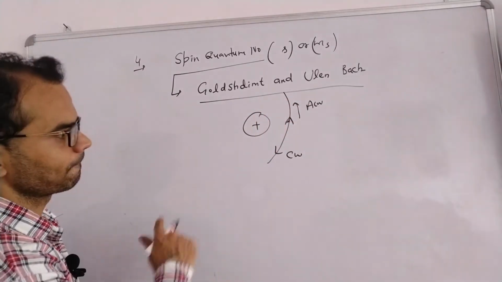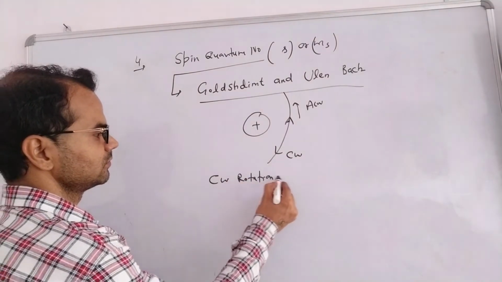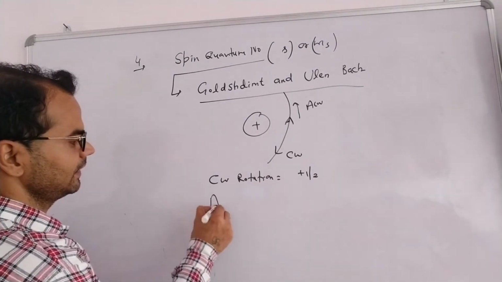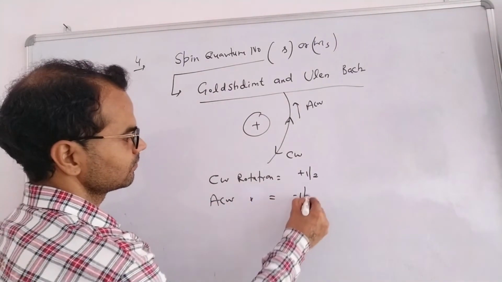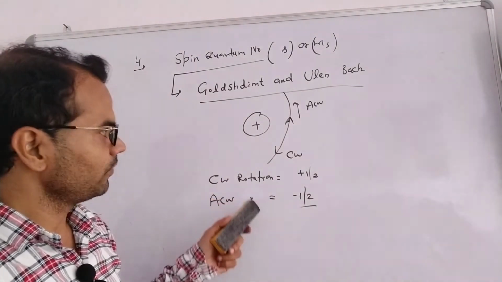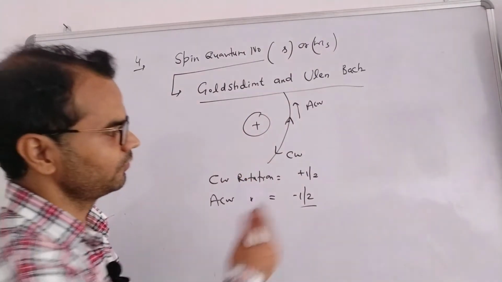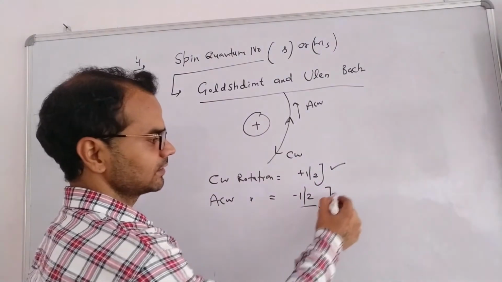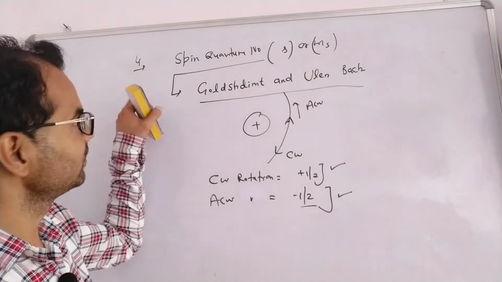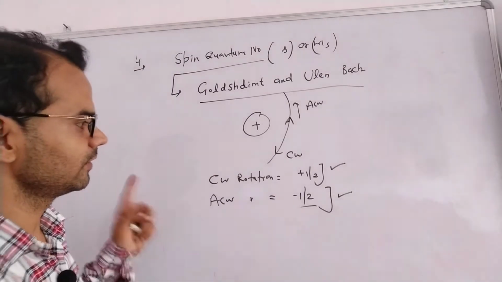For clockwise rotation we use plus half, and for anti-clockwise rotation we use minus half. So we can conclude that only 2 electrons can be present in any orbital. One spin is clockwise and the other is anti-clockwise. Clear? This is the fourth quantum number, the spin quantum number. Now let's connect all the 4 quantum numbers again.